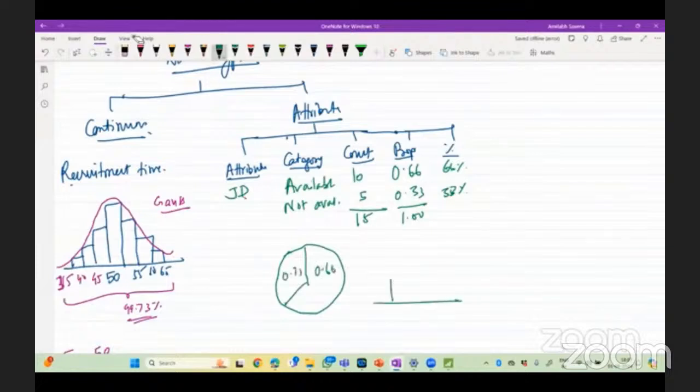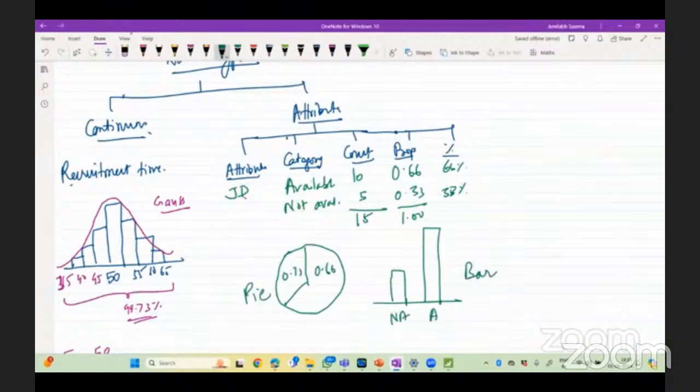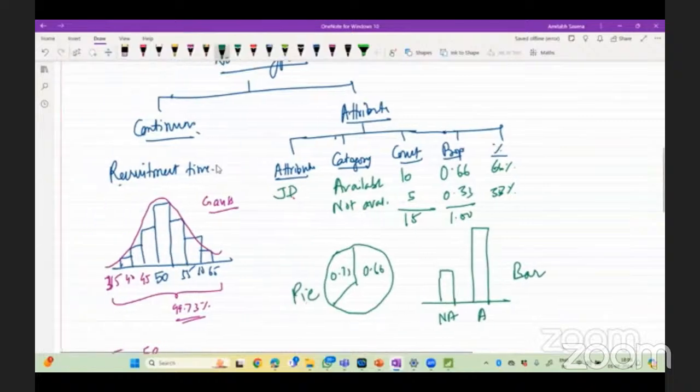Or I can make a bar chart, 0.33, 0.66, not available, available. So bar chart or pie chart for attribute data, and histogram for continuous data. Now this is for displaying statistics, descriptive.